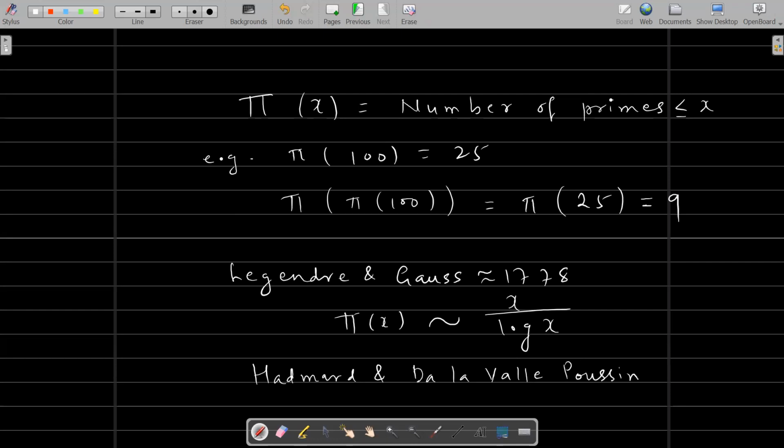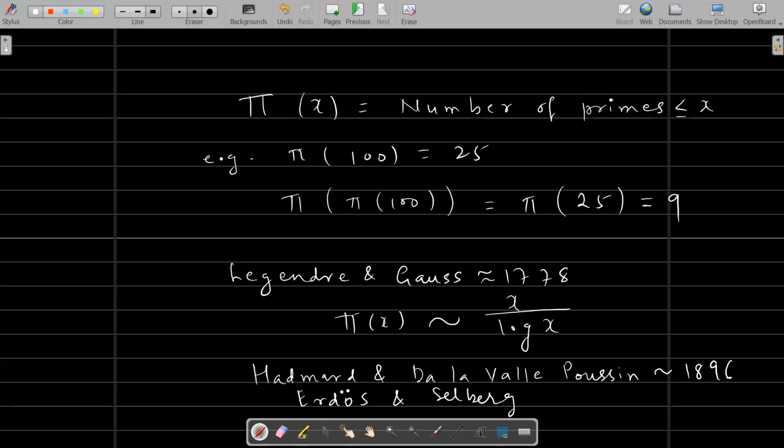So whatever. The two mathematicians proved it using the Riemann zeta function in 1896 independently. And later on, Erdős and Selberg again gave independently an elementary proof.